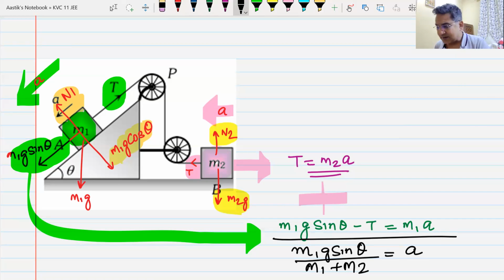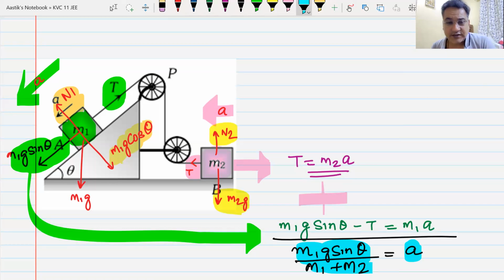You could have done this question straight away. You could have seen that the force which is pulling is m1g sine theta. Did you see it? On the other side, there is no force. So the total pulling force is m1g sine theta divided by the total mass, and you could have got the answer straight away. Do we understand how I've done this?